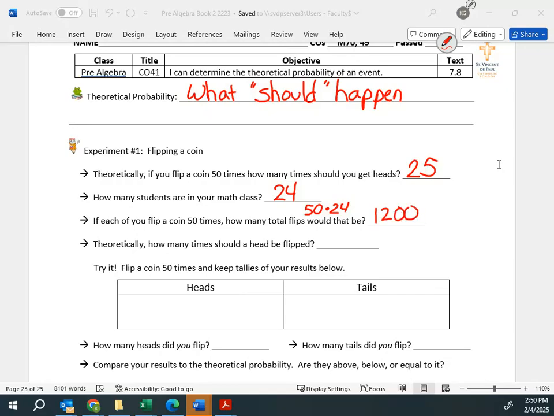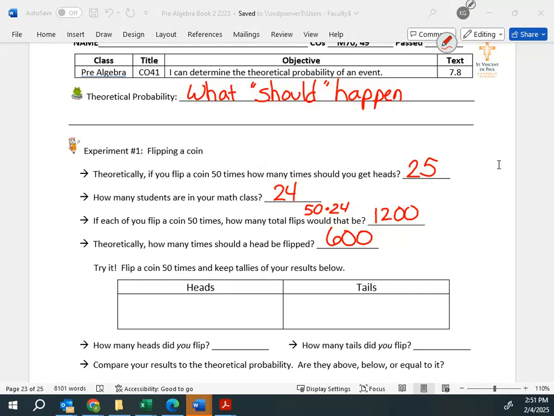Theoretically, how many times should a heads be flipped? Well, it's going to be just like if it was just you flipping 50 times, it was half, because you have half a chance, 1 out of 2 chance of flipping heads. So again, we have 1 out of 2 chance of flipping heads, so we need to divide it by that 2. So our whole class, if the whole class is flipping, 24 of us, we should flip heads 600 times, the whole class.